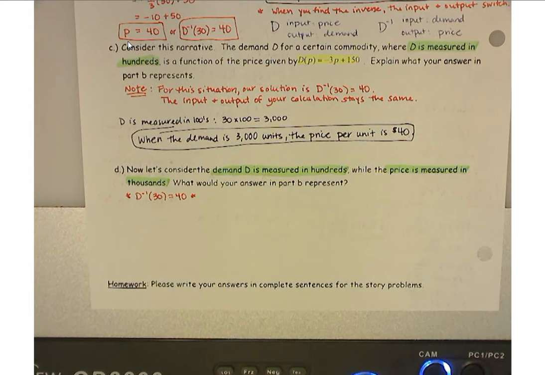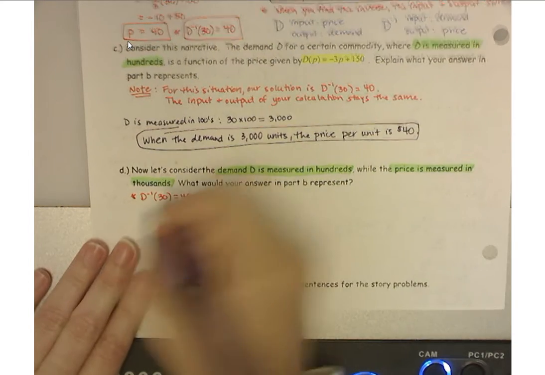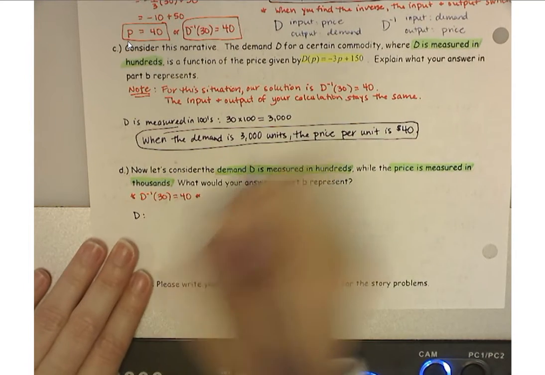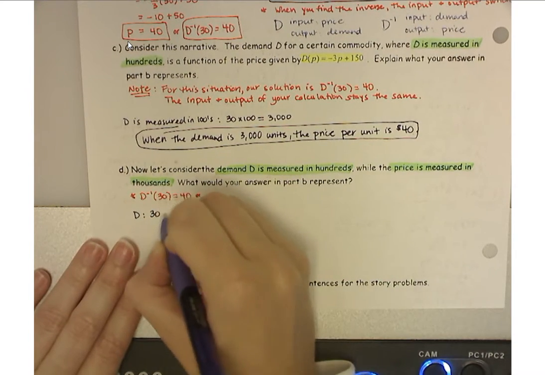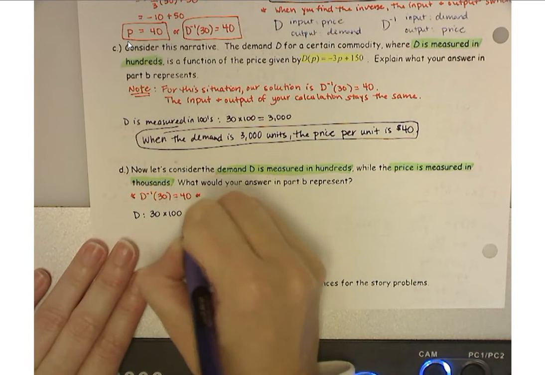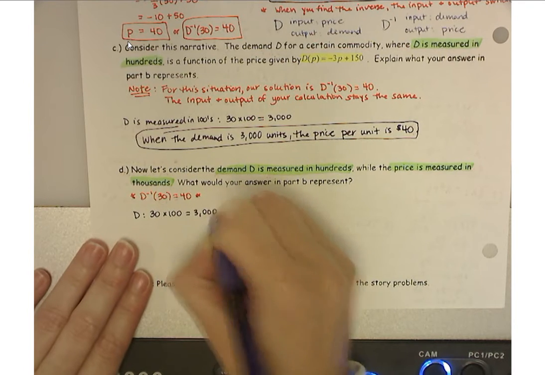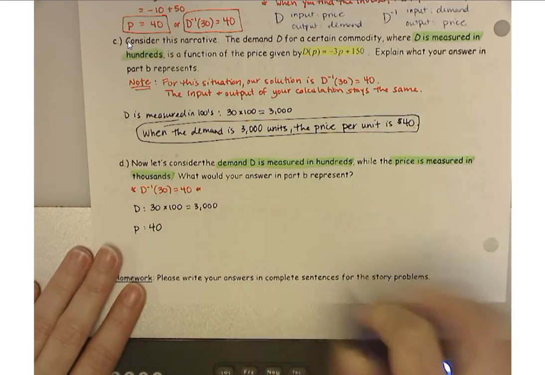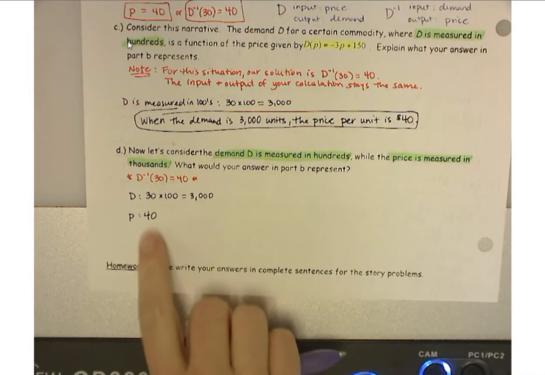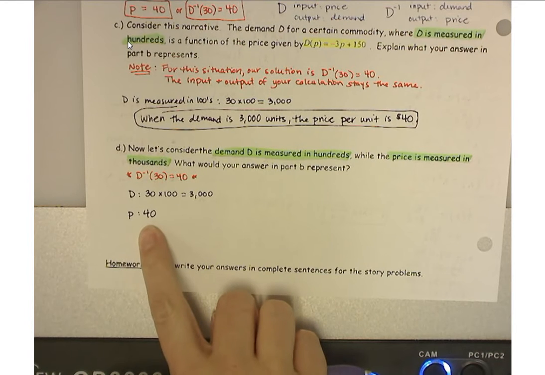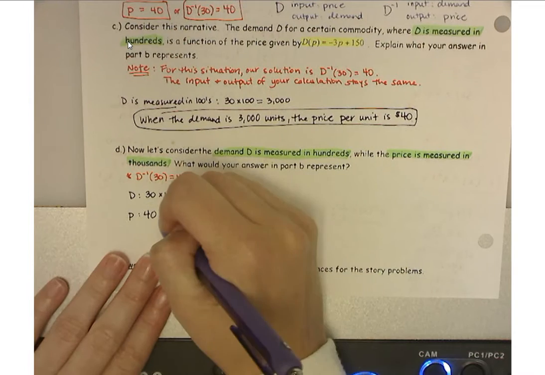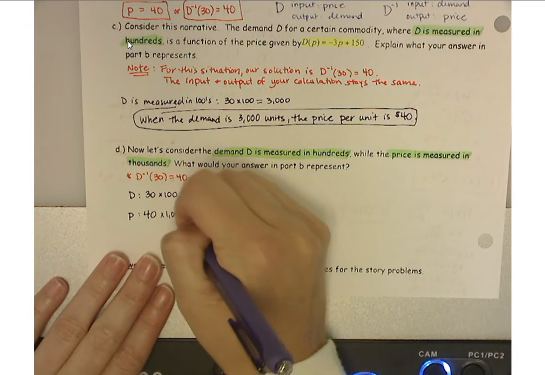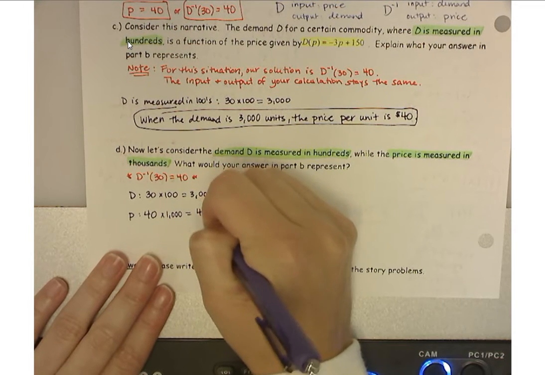Your D value is still going to be 3,000, so you multiply your input by 100. Now our output, which is 40, is measured in thousands. So what do we have to do with the 40? Times it by 1,000. Then that becomes 40,000.